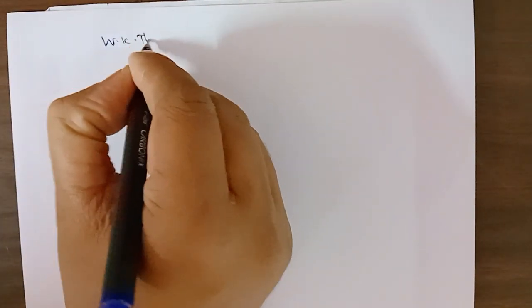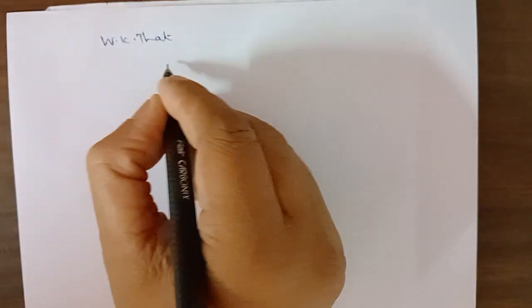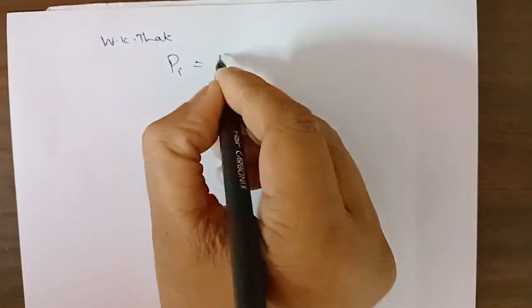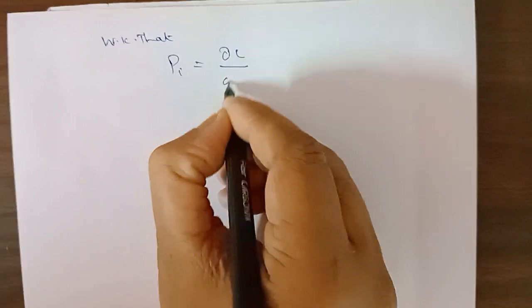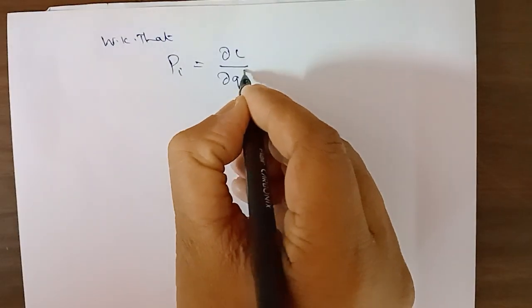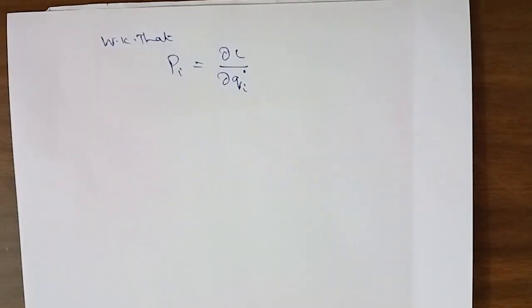Now we know that Pi is equal to dou L by dou Qi dot.